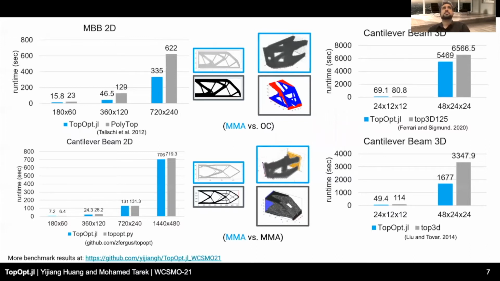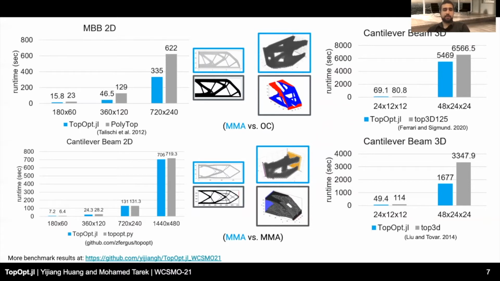And if you think this comes at a performance cost, well, think again, because we actually ran quite a few benchmarks and compared to a whole bunch of popular topology optimization codes online for 2D and 3D problems. And as you can see here, most of the time, we're able to outperform all the other packages.